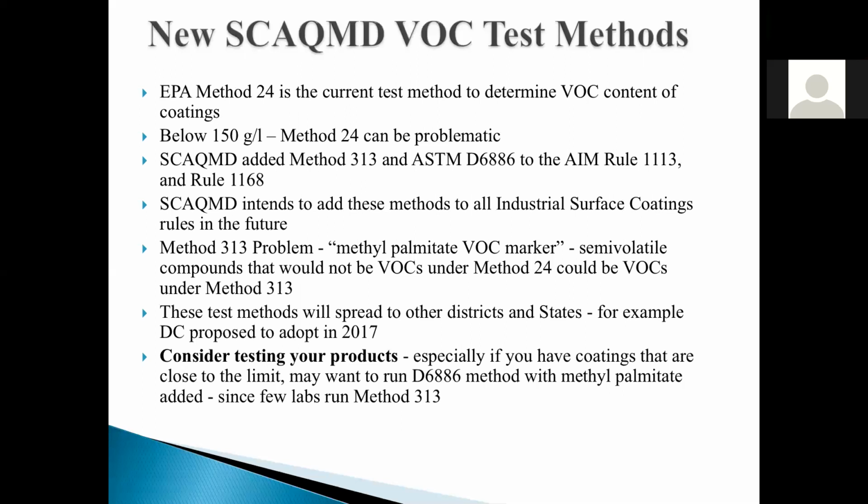These are gas chromatograph methods. You have an instrument, you inject the coating into the instrument, on a computer screen you'll see all these various blips that come up, and then you essentially add up all the peaks that come across from the machine, and that's essentially a direct measurement of the VOC.